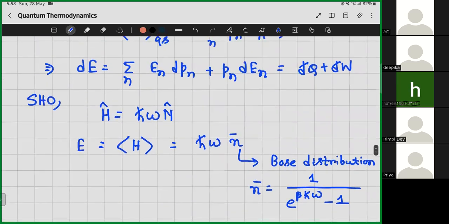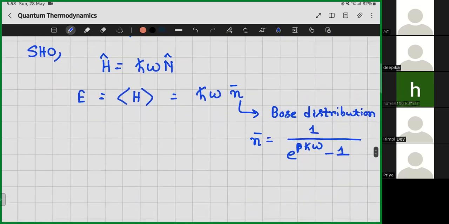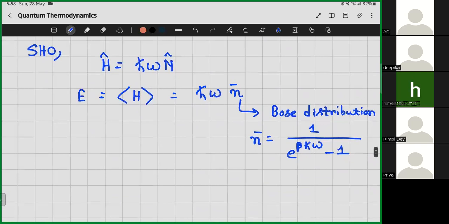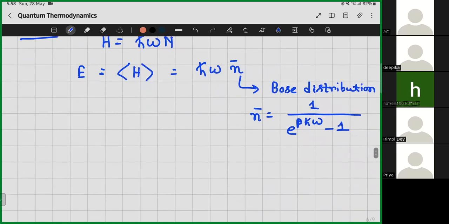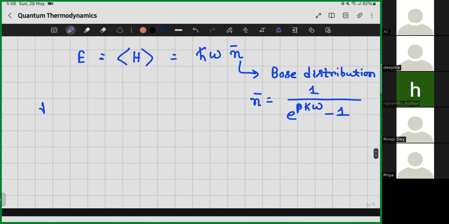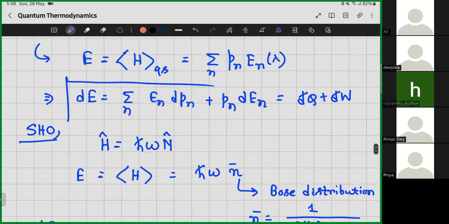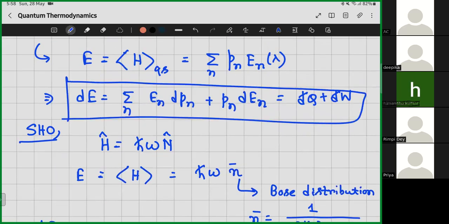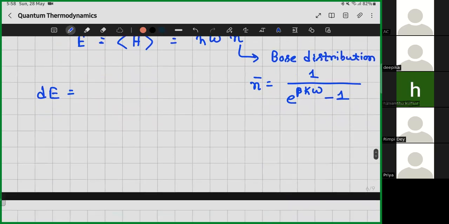If we consider a fermionic system, then it will be just the Fermi function instead of the Bose function. Here we are considering the harmonic oscillator, so the energy will be h cross omega n bar. So dE, this is the general form for any quantum system, but for the harmonic oscillator we can write like this.